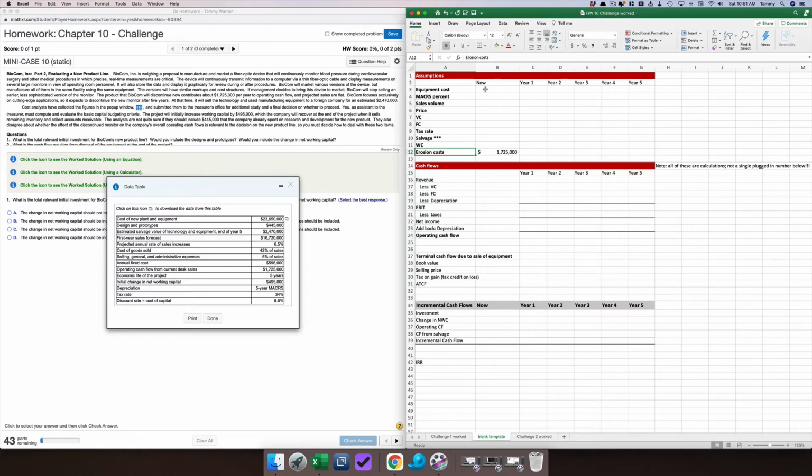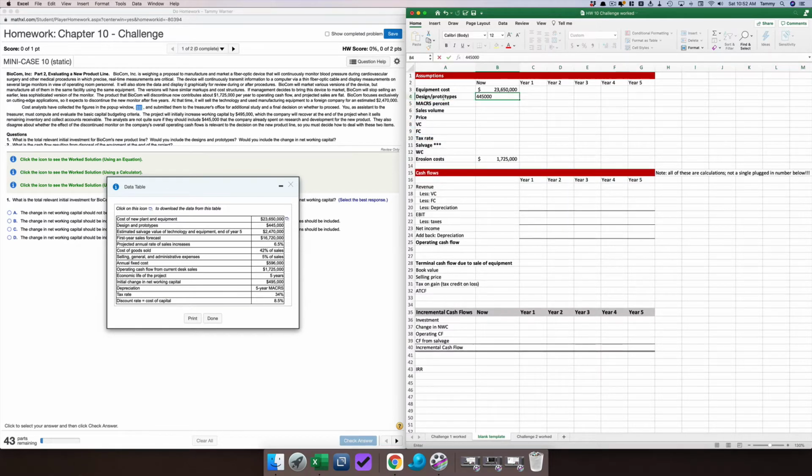So we have an equipment cost of $23,650, and for the design and prototypes we can just add a new line. And we are going to sell the thing for $24.70. First year sales forecast is going to be $16,720.